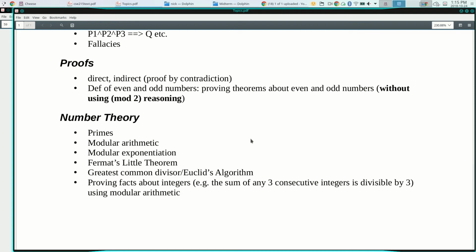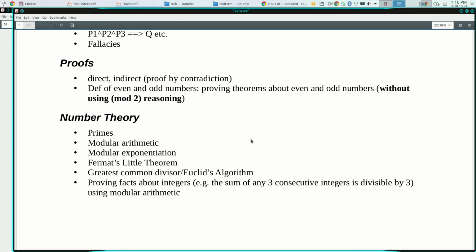So basically the notion of prime numbers, numbers that are only divisible by themselves and one, modular arithmetic, so we did that on the board, and I think everybody got that nailed, with modular exponentiation, which is just using modular arithmetic to simplify your life. Fermat's little theorem we just talked about. Greatest common divisor. In Euclid's algorithm we just went through some examples.